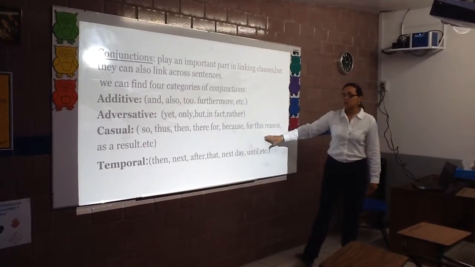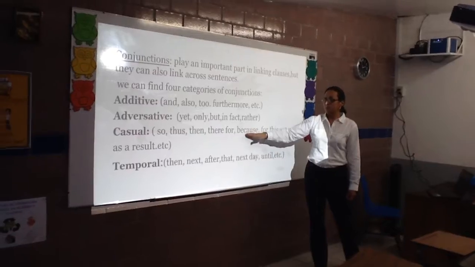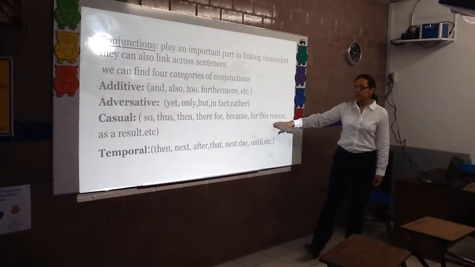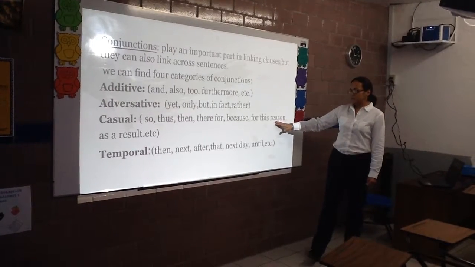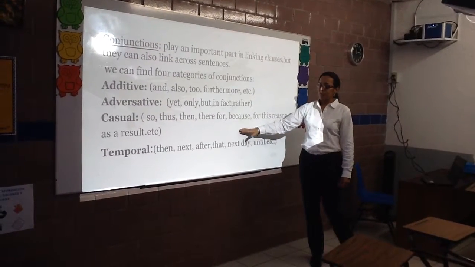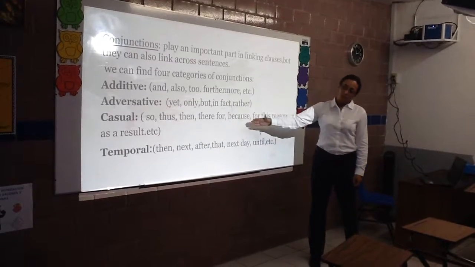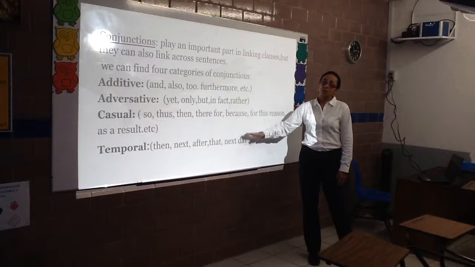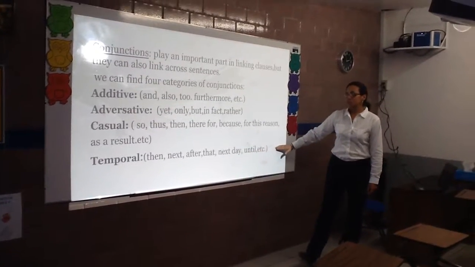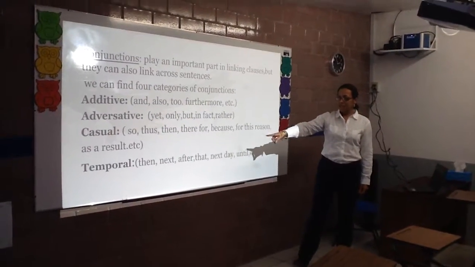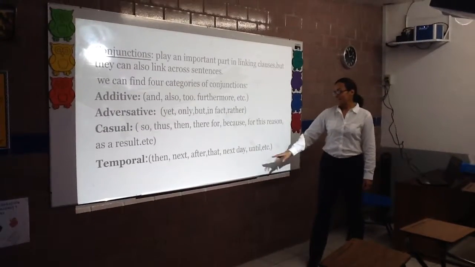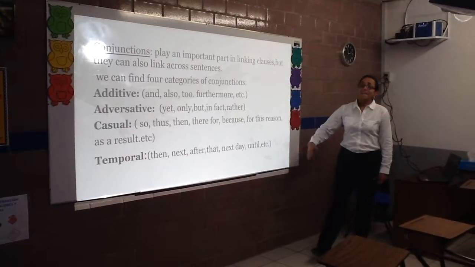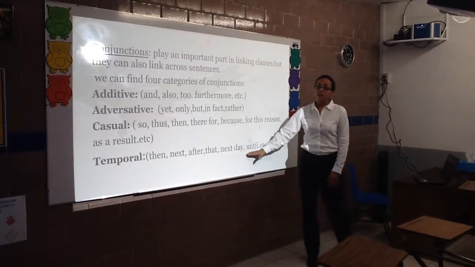In the causal, we have words like so, thus, then, therefore, because, for this reason, as a result, etc. A very simple sentence could be, as a result of that grade, I need to study more. In the temporal conjunctions, we have then, next, after that, next day, until, etc. Another simple sentence would be, next Friday, it will be my final test.